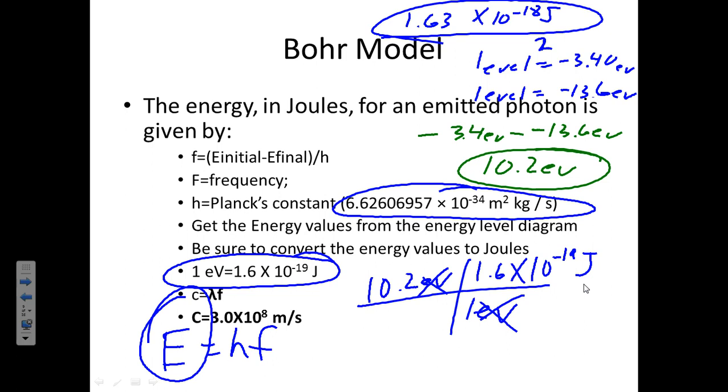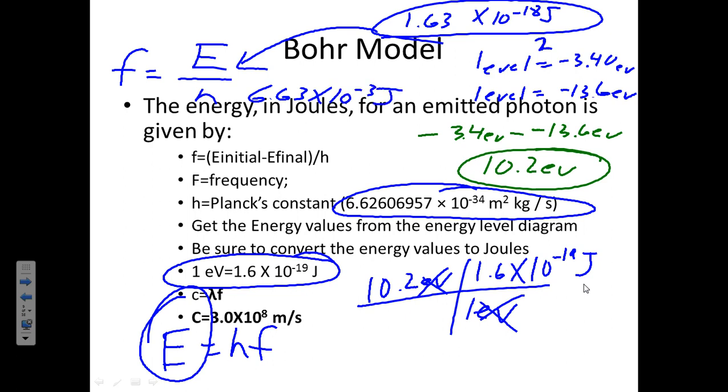We're going to try to find the frequency. So the frequency of our light is going to be equal to the energy of the photon divided by Planck's constant. Here's the energy of our photon. I'm going to round Planck's constant to 6.63 times 10 to the minus 34, and those units can be written as joules times seconds.